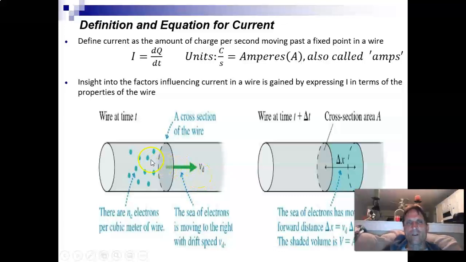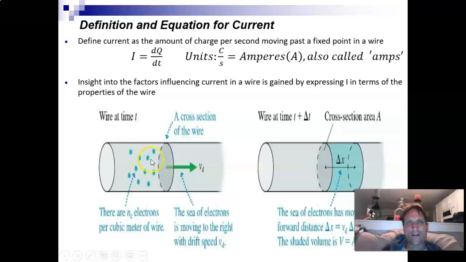Another thing it would depend on is how many electrons are in the wire, right? In other words, how many electrons per volume are in the wire. And since each atom in the metal typically donates on average one electron, this is basically the number of atoms per cubic meter in the metal, which is the atomic density.